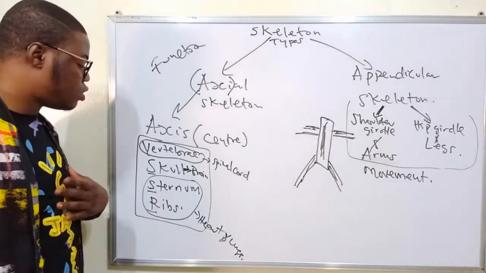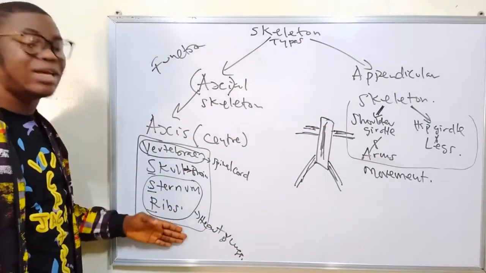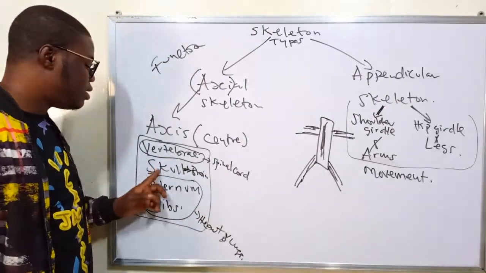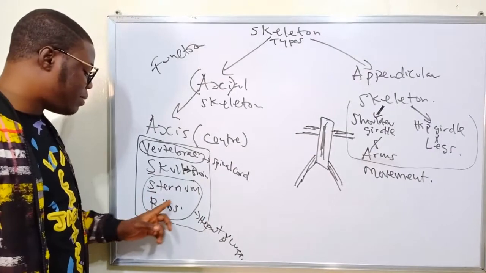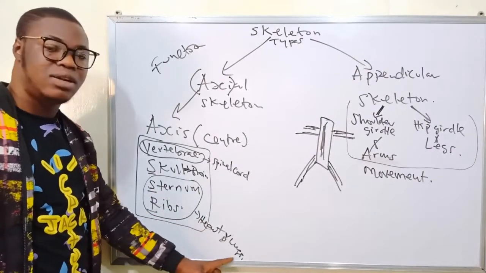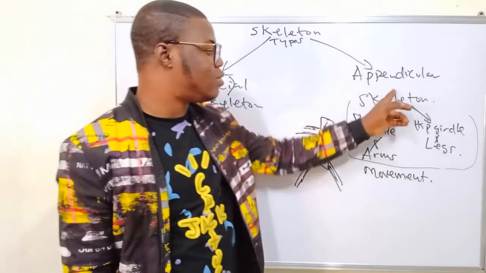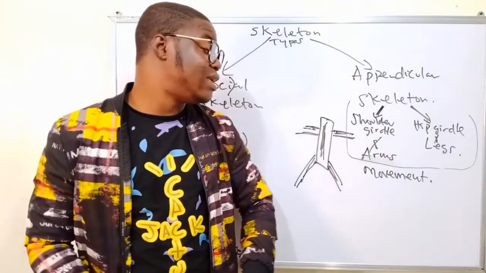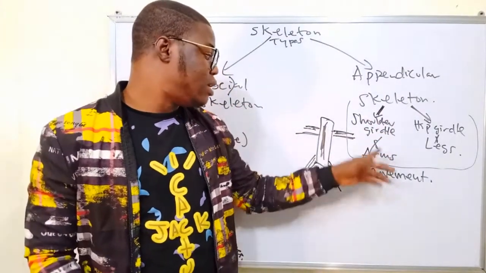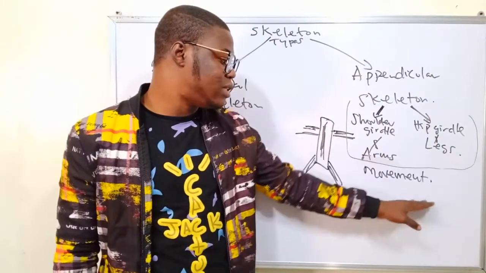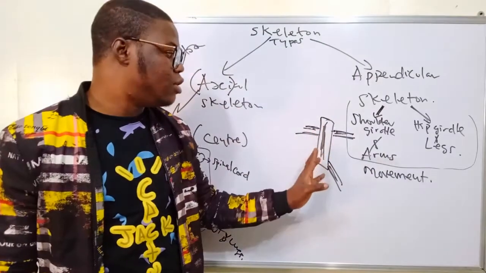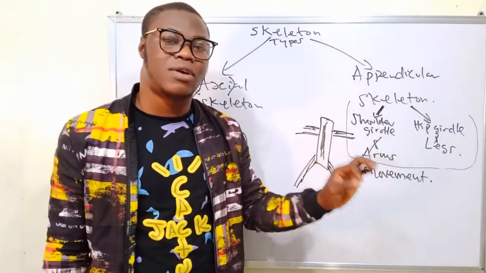Their main function is protection of vital organs. The vertebral column protects the spinal cord, the skull protects the brain, and the sternum and ribs protect the heart and the lungs. The appendicular skeleton includes the shoulder girdle, the hip girdle, the arms and the legs. Their function majorly is to enhance movement. We are going to be dealing with them one after the other.